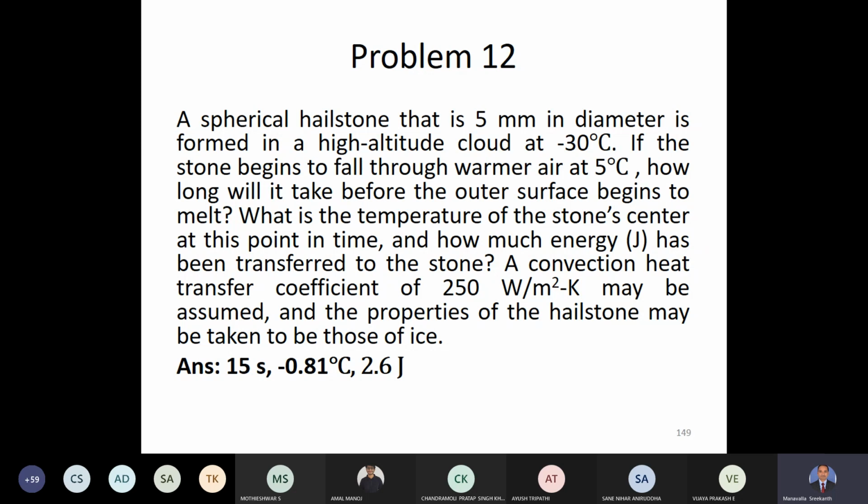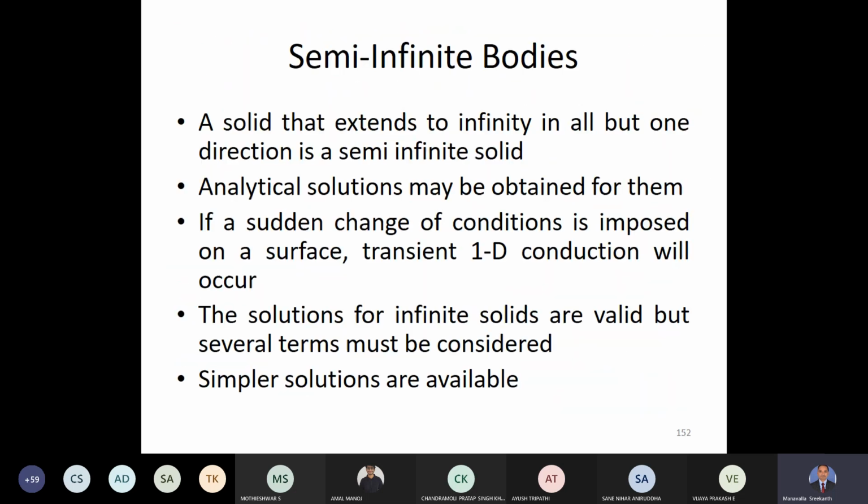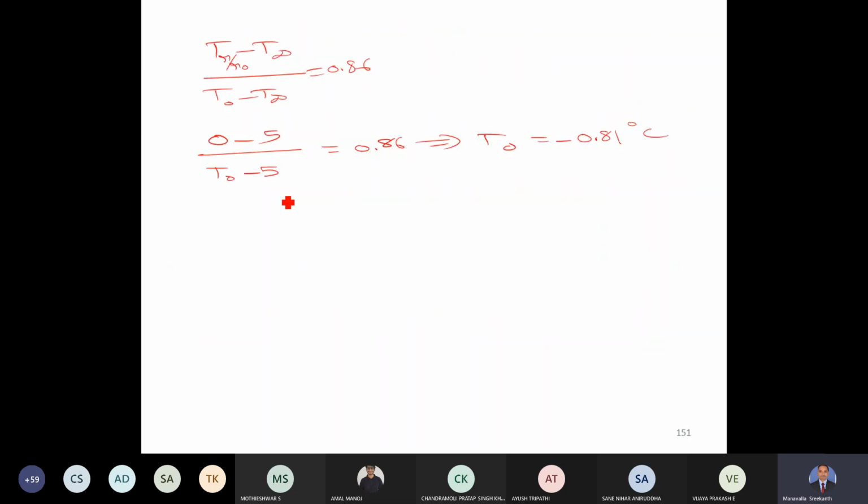The Fourier number is available in the time history at the center chart, which is on page 80. So we'll use the chart on page 80. That chart looks like this.